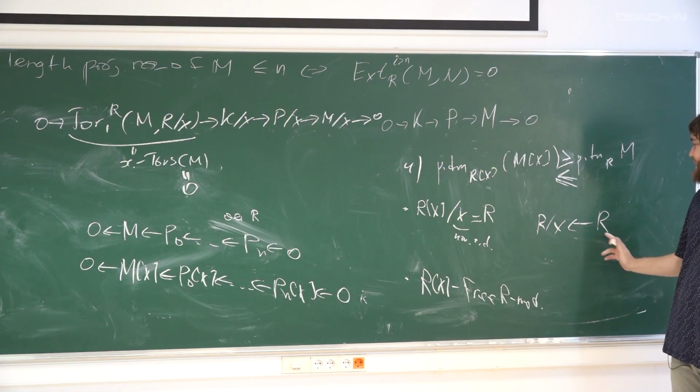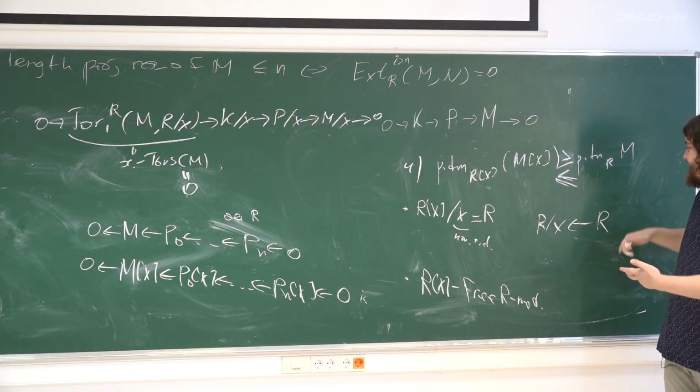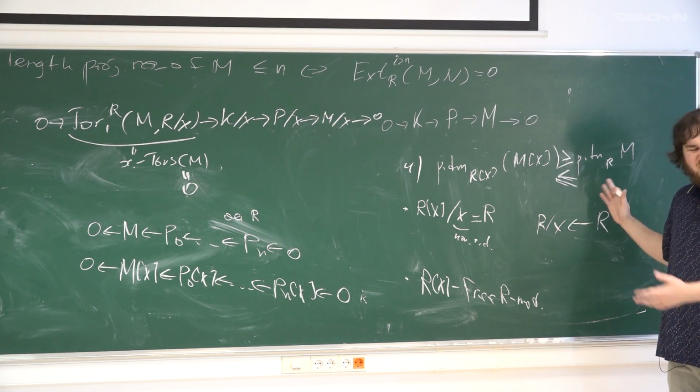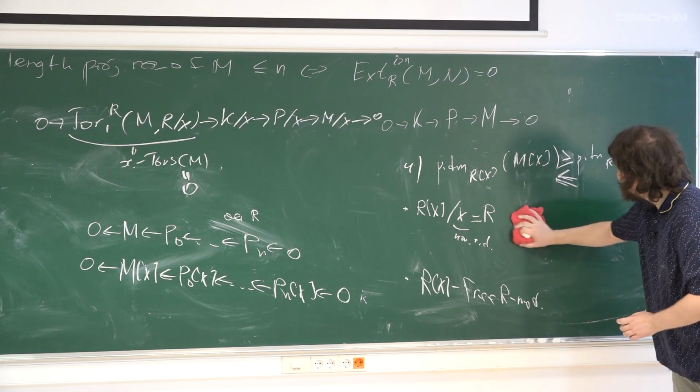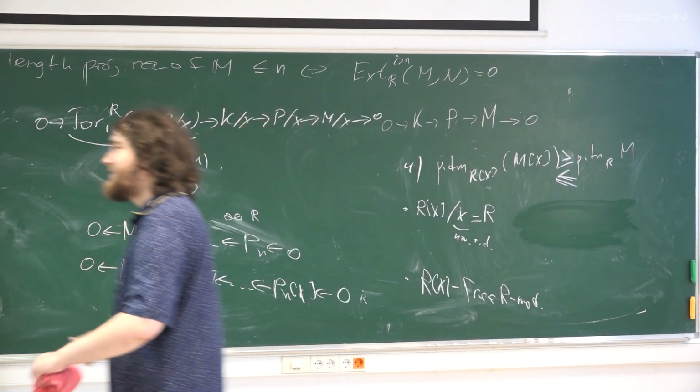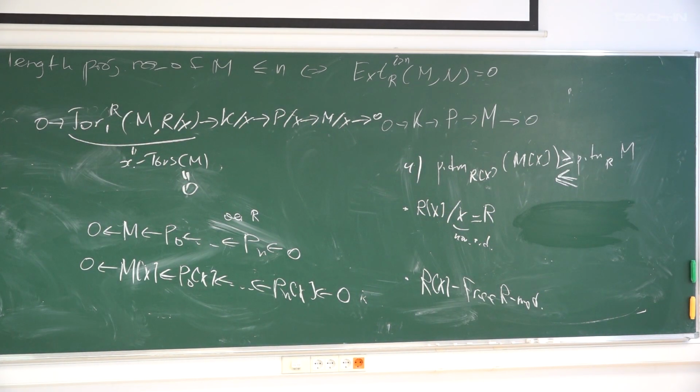So in fact this is a module over R, but in this situation you need that R is a module over R modulo X, and this is a strange situation. This is maybe the most natural situation where it exists, but okay. So you need some section of this quotient. It's more or less polynomials.